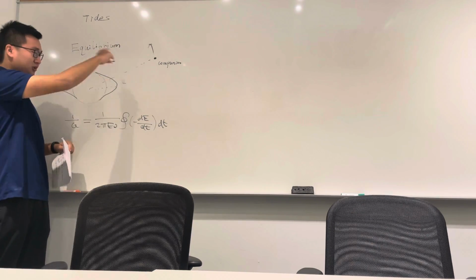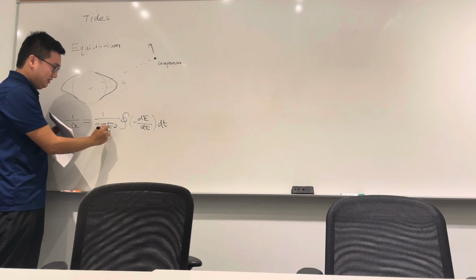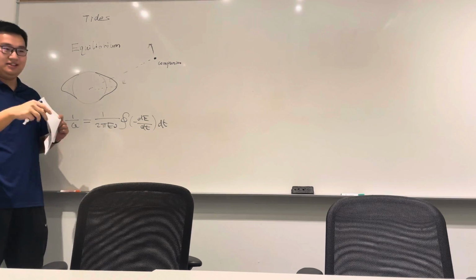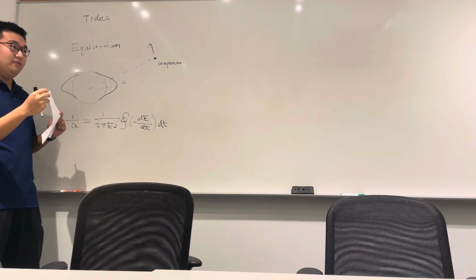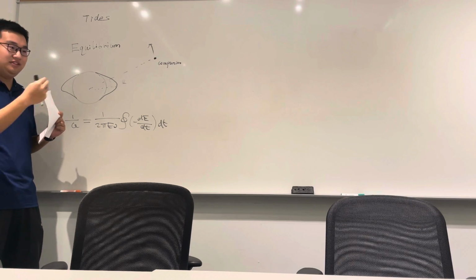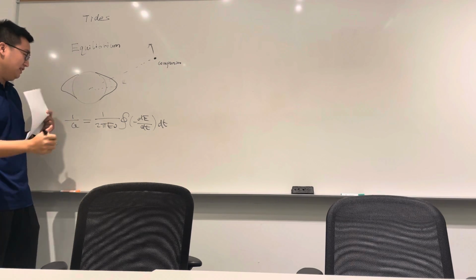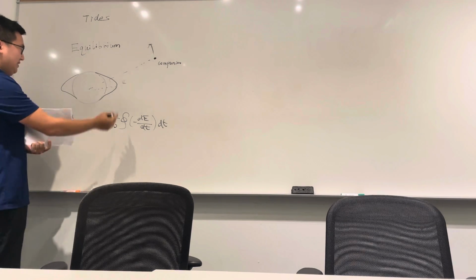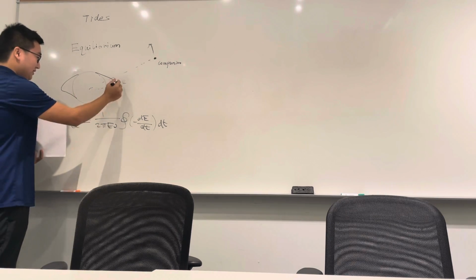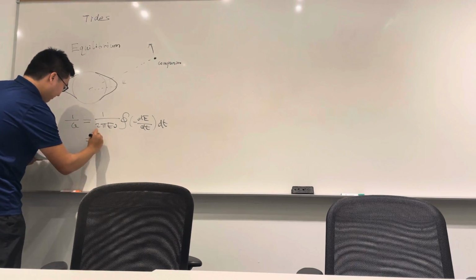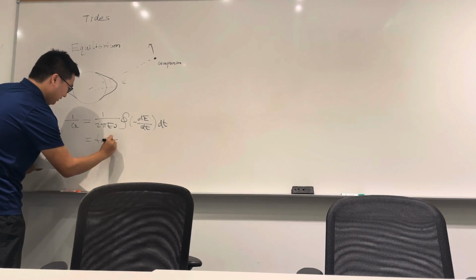You're doing this orbit, and this is the total energy in the tides. So basically, this factor characterizes the amount of energy dissipation we're going to have. And for equilibrium tides, there's a physical interpretation that it is basically tied to epsilon.